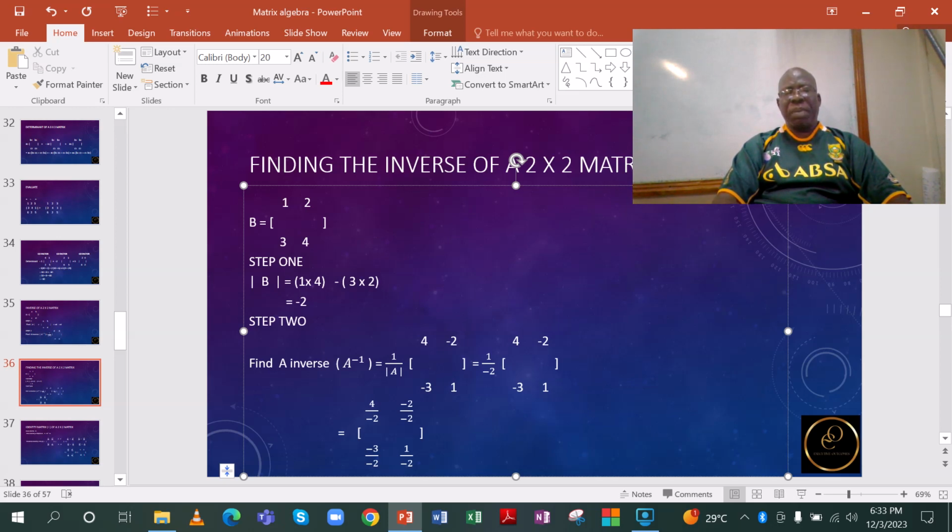The next one, 1 over negative 2 times the negative 2, will be negative 2 over negative 2. Then multiplying by negative 3, the inverse of the determinant will give us negative 3 over negative 2.